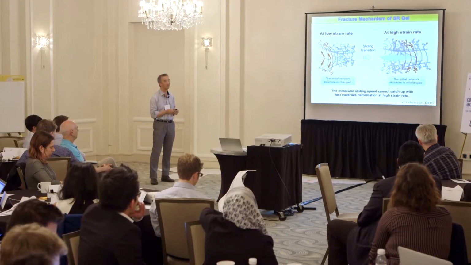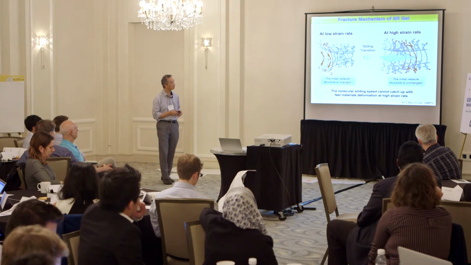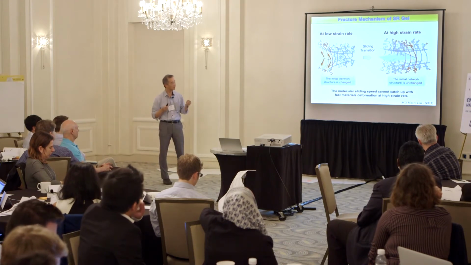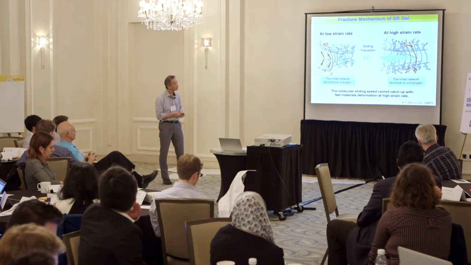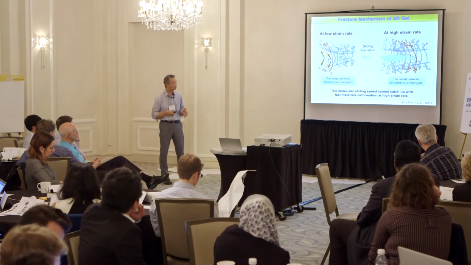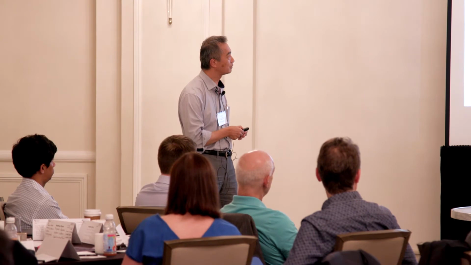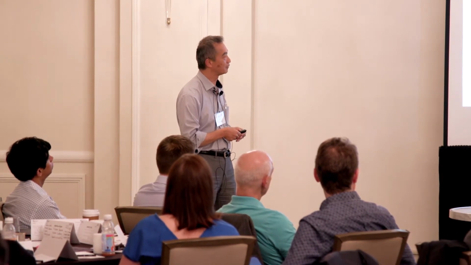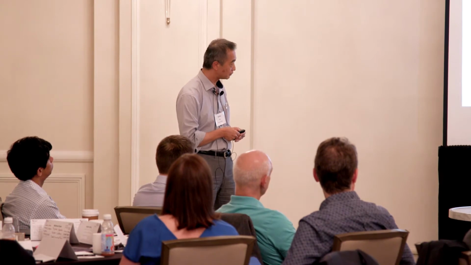At low strain rate, this figure of 8 junction can move according to the macroscopic deformation. On the other hand, when you stretch the sliding gel very, very fast, this sliding motion cannot catch up with the macroscopic deformation, and it behaves as a fixed junction. So it becomes very brittle, like the usual chemical gels.